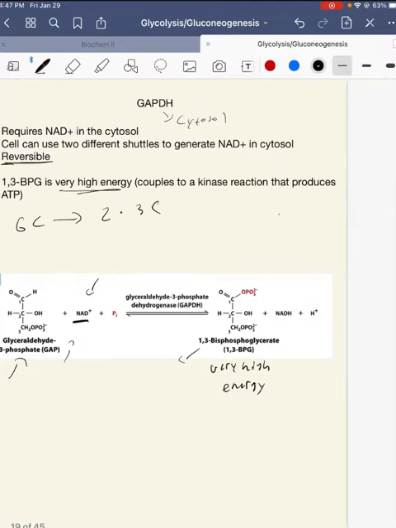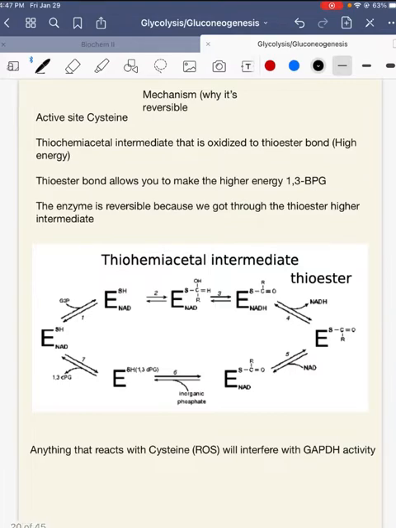Okay, so this is the mechanism of the enzyme, and it's a little complicated, but I just added it to explain why this enzyme is reversible, even though it creates a high energy product. So the GAPDH has an active site cysteine, and this active site cysteine right here is eventually converted into a hemiacetal intermediate. This intermediate is oxidized to a thioester bond.